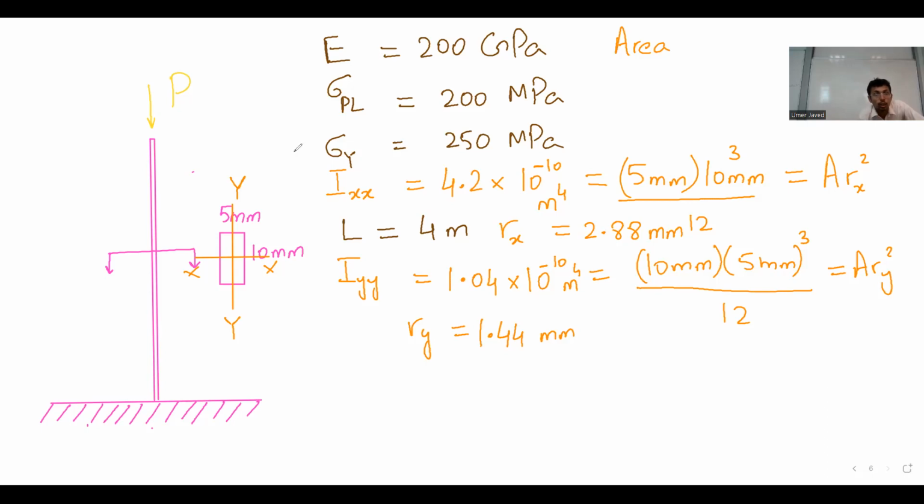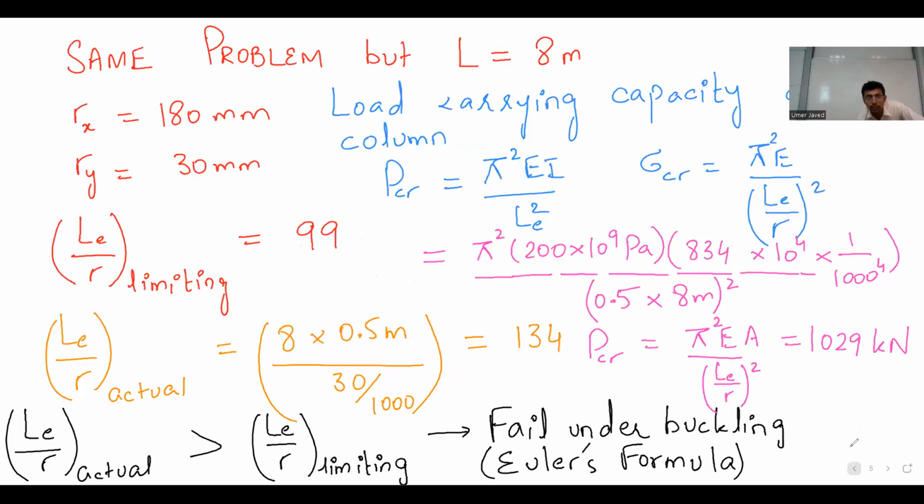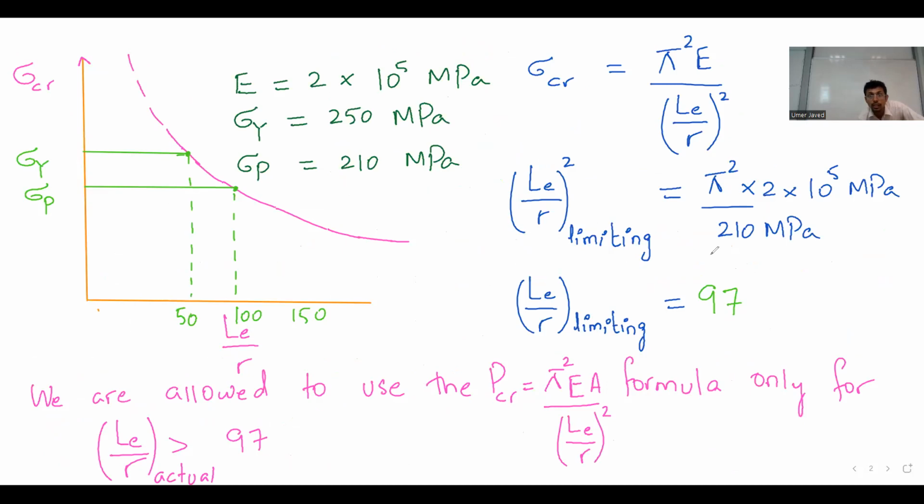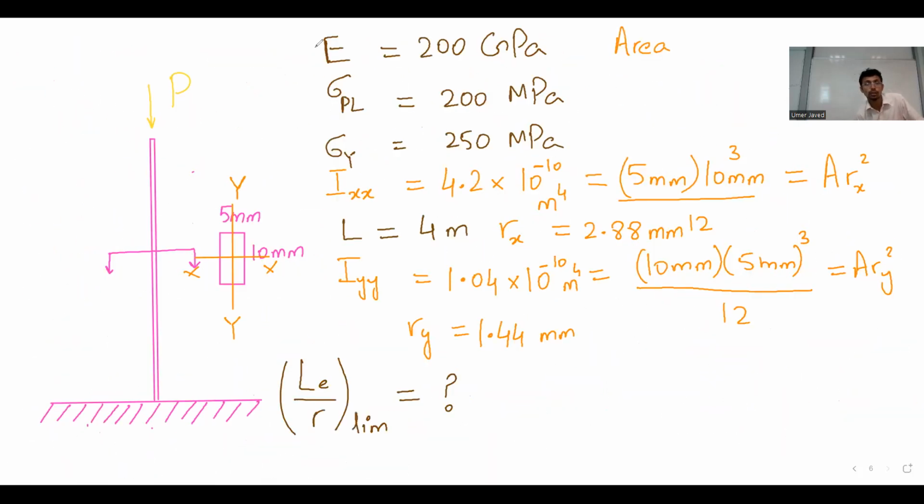Done. Now, quick question. What is Le over r limiting value? 99. Yeah, but I really want to repeat those steps because I'm scared that everyone will forget. I don't want to just leave it for all the problems because everyone will start struggling in their exams. So sigma critical is equal to pi square E over Le over r square.